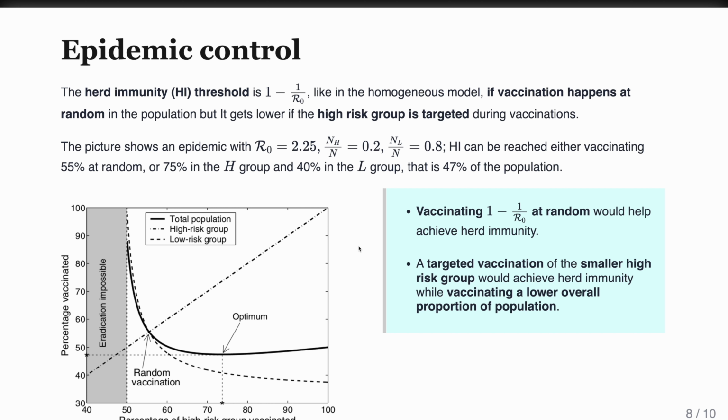So we can show that when there are different risk groups in a population, it's always better to target with more intensity the smaller high risk group than to just vaccinate people at random, because this will allow us to reach the herd immunity much faster.